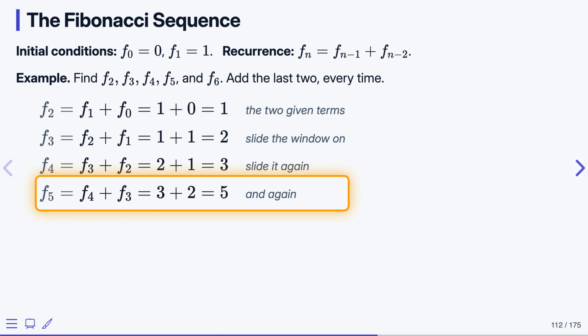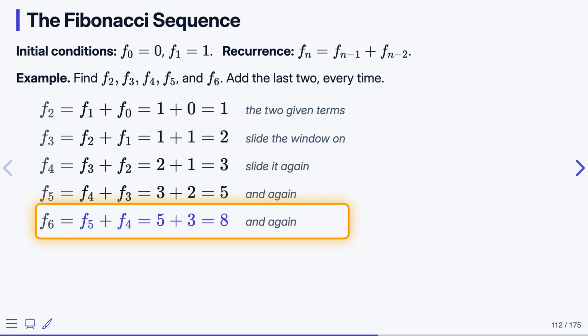F sub 5 is F sub 4 plus F sub 3, which is 3 plus 2, which is 5. F sub 6 is F sub 5 plus F sub 4, which is 5 plus 3, which is 8. So the sequence begins 0, 1, 1, 2, 3, 5, 8, and it keeps growing this way.